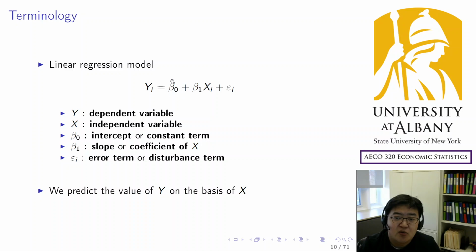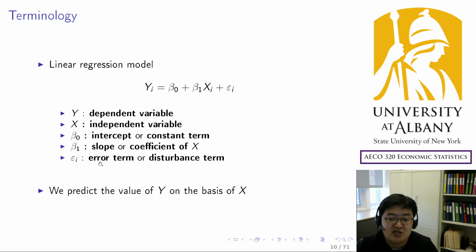And beta 0 is, mathematically, the intercept or the constant term. In a linear function, the intercept is the part that does not interact with the variable, so the additive part. And beta 1 is the slope of this linear function, or the coefficient of x. So when x increases by 1 unit, y increases by beta 1.